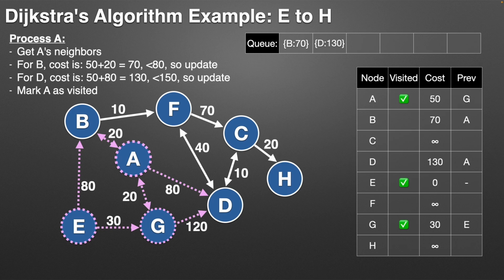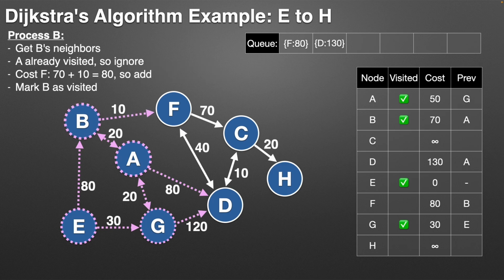So at this point, we'll pull B out of the priority queue. We'll get B's neighbors, and we will look at those. We've already visited A, and let's see what else we have. We have F. So we compute the cost for F, and we get that is 80.